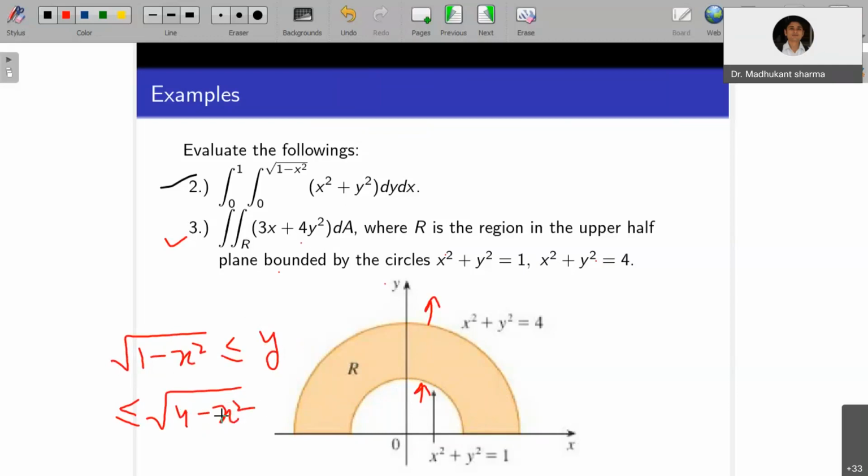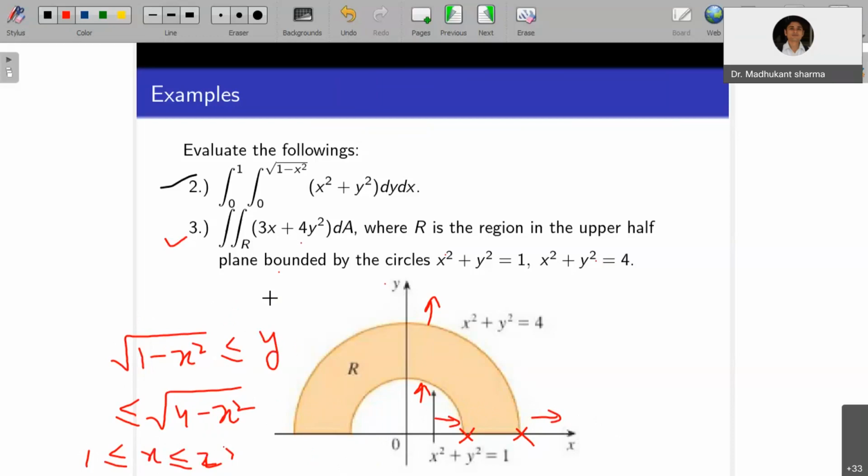That's the y limit, and the x limit is from here to here, so 1 less than or equal to x less than or equal to 2. It enters here and it leaves here. So these are the limits when you identify them in Cartesian form.